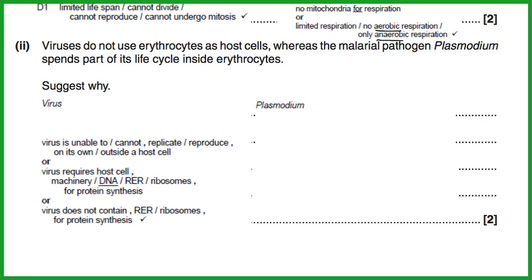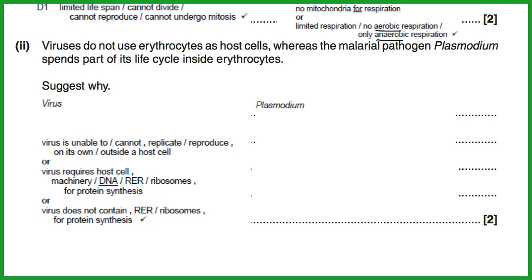So the answer they were looking for here is that the virus is unable to replicate on its own outside of the host cell because it requires the host cell's DNA and ribosomes for protein synthesis. Now, the erythrocyte is not going to have the ribosomes for protein synthesis, so the virus shouldn't replicate within the red blood cells.